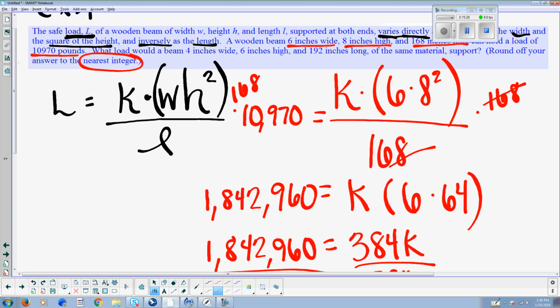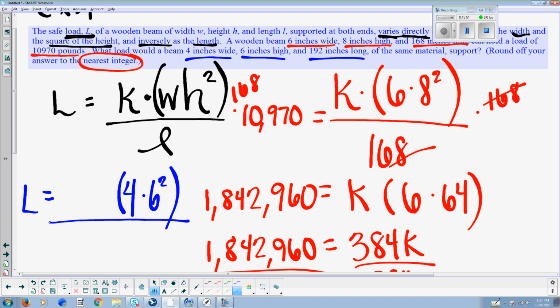Step 3, it says, what load would a beam that's 4 inches wide, 6 inches high, and 192 inches long of the same material support?